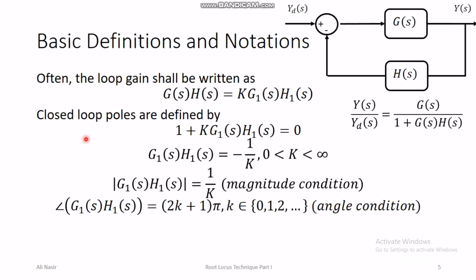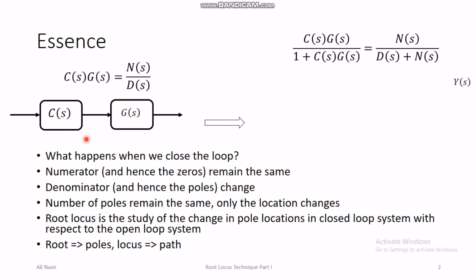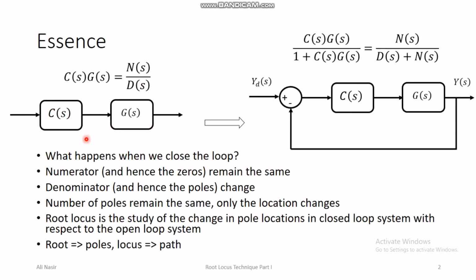I just want to have a quick recap in the middle of this lecture. So far we have just looked at the essence of root locus, and we have seen that when we close the loop for a control system, the location of the zeros remains the same, but the location of the poles changes.